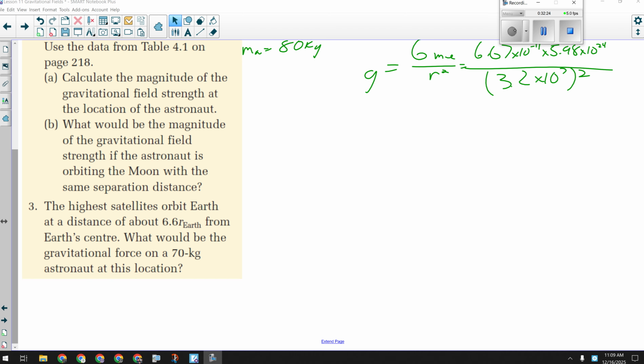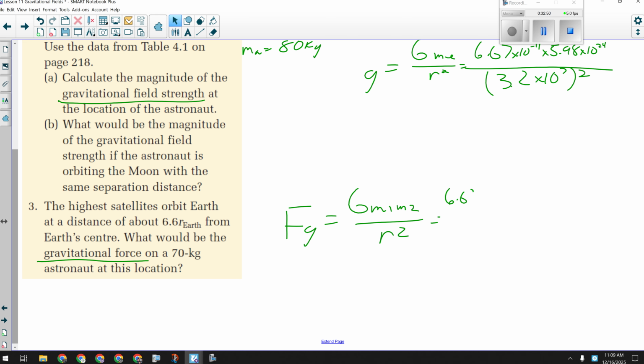A gravitational field strength question will either use those three words, gravitational field strength, or it'll use acceleration due to gravity, whereas a force of gravity question will say gravitational force.